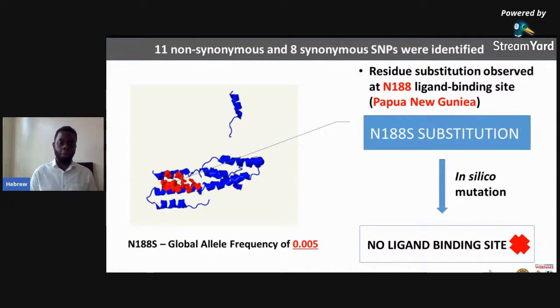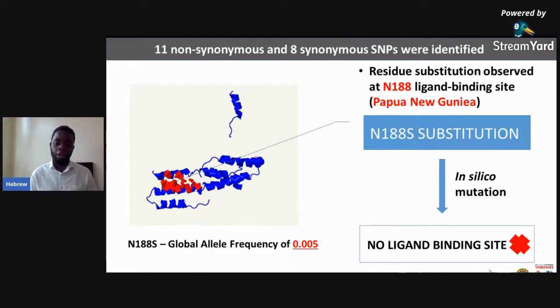So that means that in the case that this substitution occurs, the pocket actually disappears. And from what we are able to get, possibly it could be caused by alteration of pH, which is needed for conformational change of the protein during folding and attachment to the ligand.